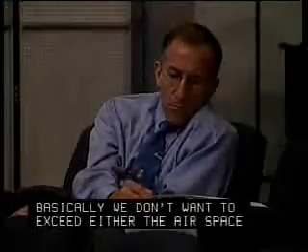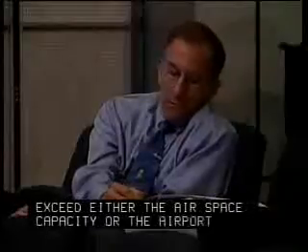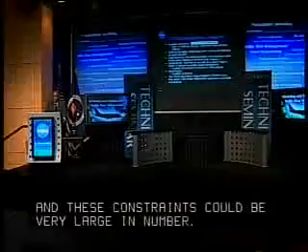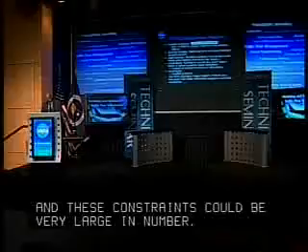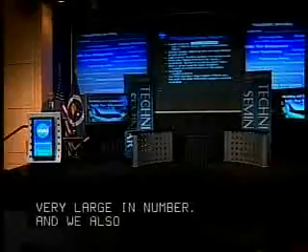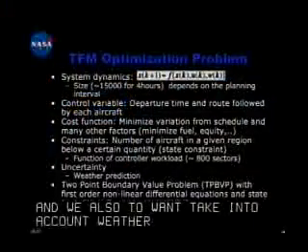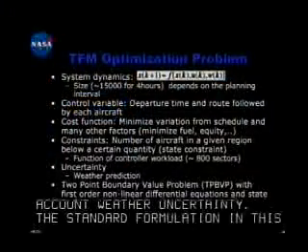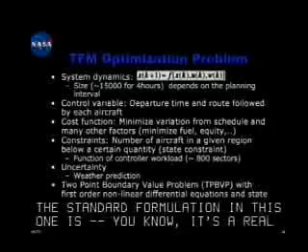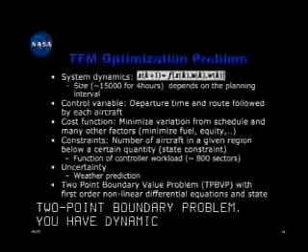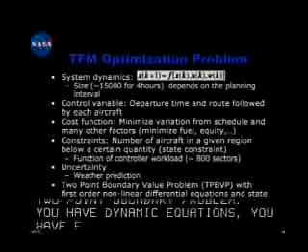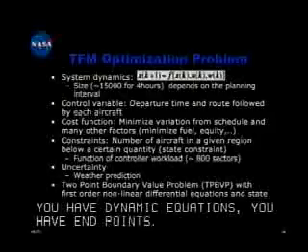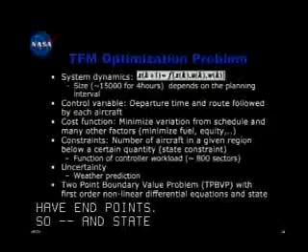And these constraints could be very large in number. And we also want to take into account weather uncertainty. And the standard formulation on this one is a real two-point boundary value problem. You have dynamic equations, you have endpoints, and state constraints. So you can go ahead and formulate it as a standard two-point boundary value problem.